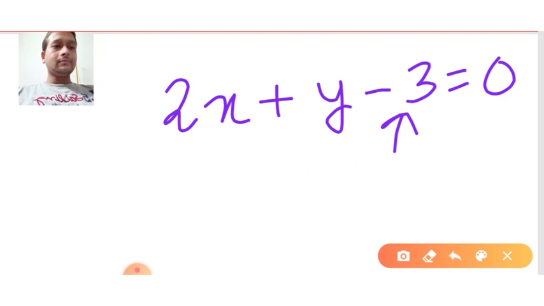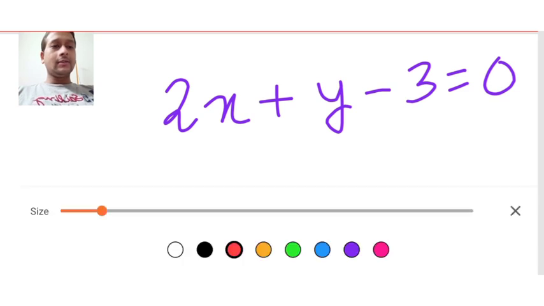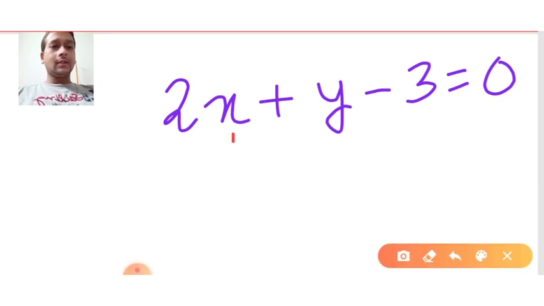Now what does this solution mean? That means the values of x and y which will satisfy this equation. Now if we give the value of x as 1 and y as 1, what will it become?